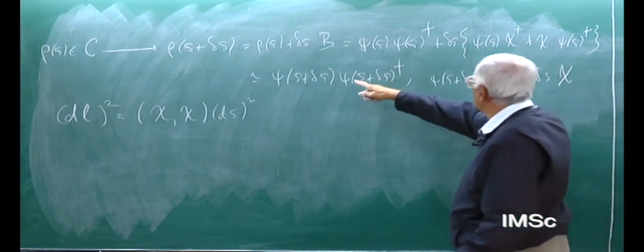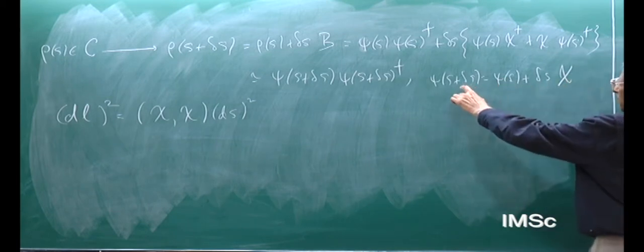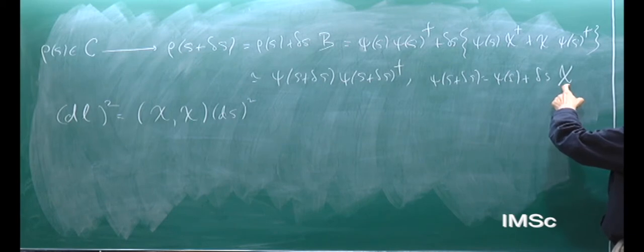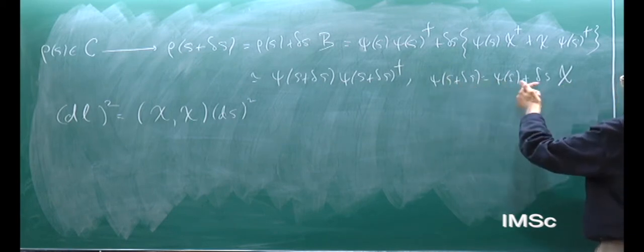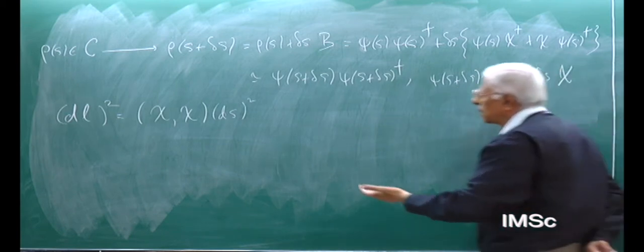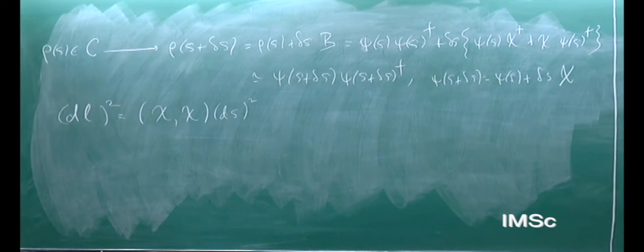Because from here you see that the velocity d psi by ds is just chi, this fellow minus psi divided by delta s. So psi dot is chi, and so this is chi inner product with itself, and this part is 0 because chi is orthogonal to psi.